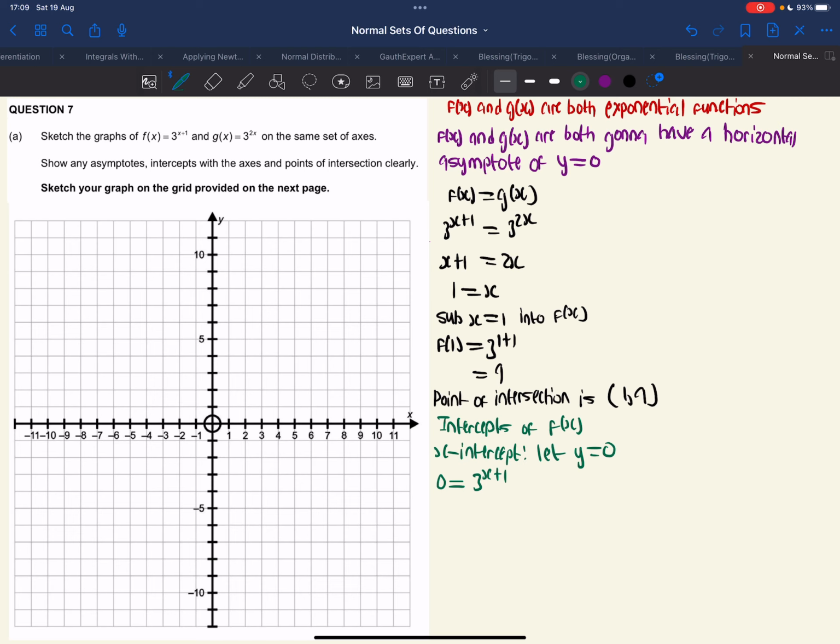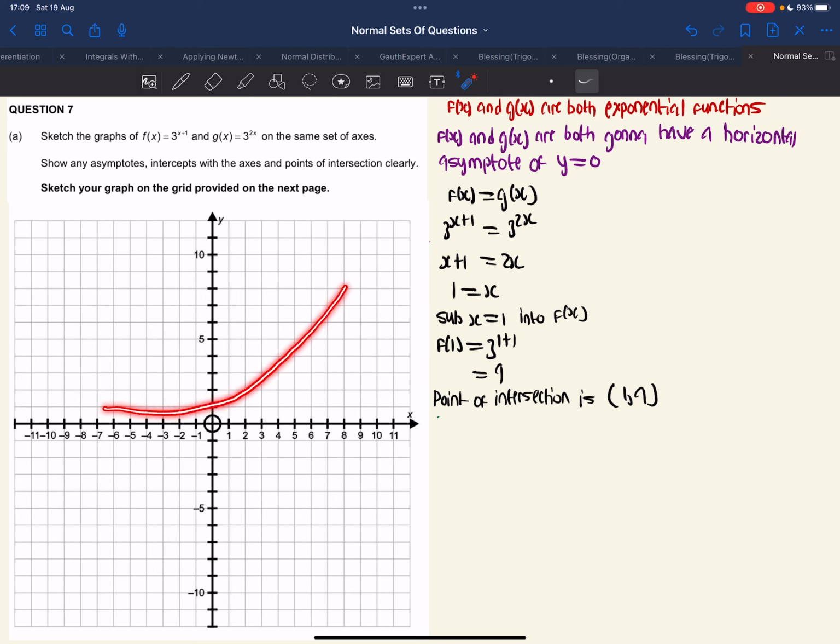If I look at that function, it can't have an x-intercept. When I look at both of those functions, they can't have an x-intercept. Sorry, I don't even know what I was thinking there. They can't have x-intercepts because they have a horizontal asymptote, which is y equals 0. They start here and go there, so they can only have y-intercepts. Sorry about that. Both f of x and g of x can't have an x-intercept.